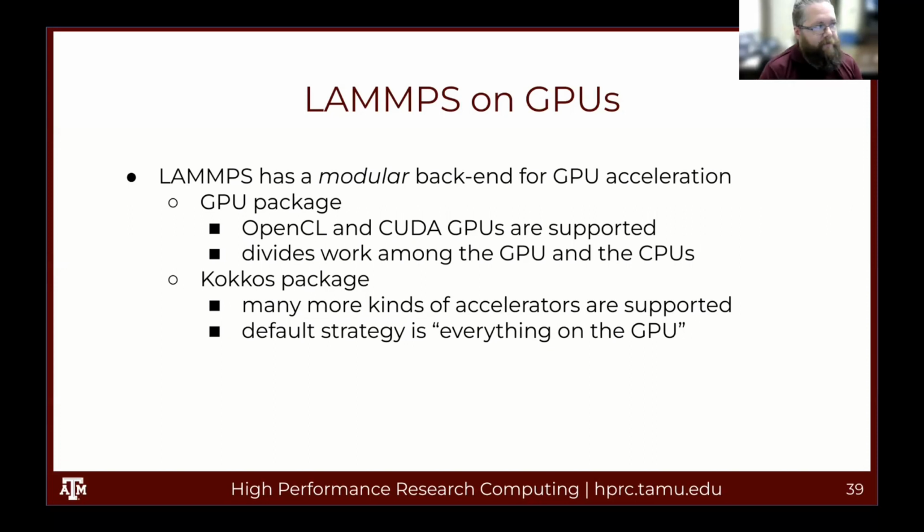There's also the KOKKOS package, which uses a different type of declaration language entirely, and that supports many more types of accelerators, including different types of CPUs. The default strategy, if you're using a GPU with the KOKKOS package, is to put every calculation on the GPU.